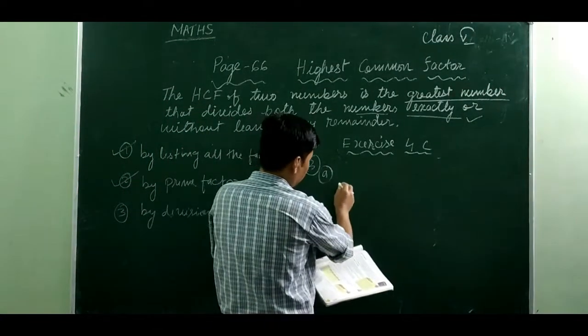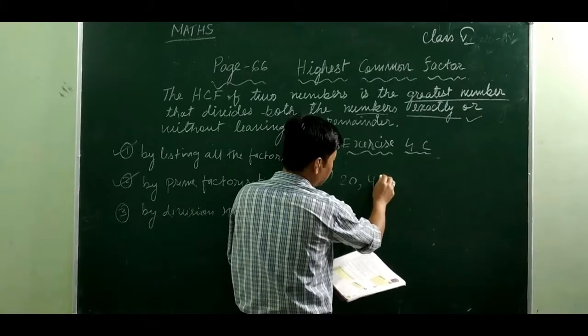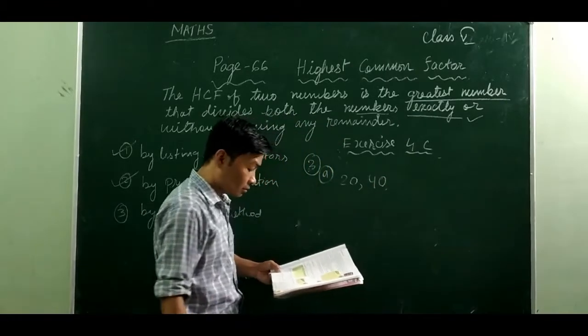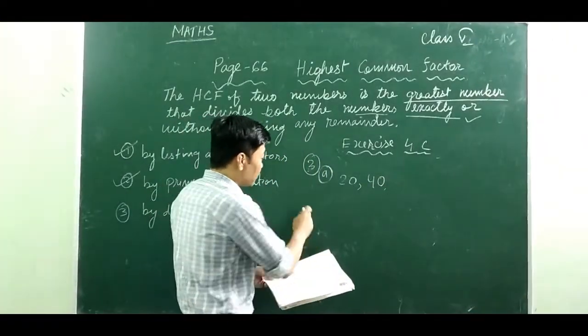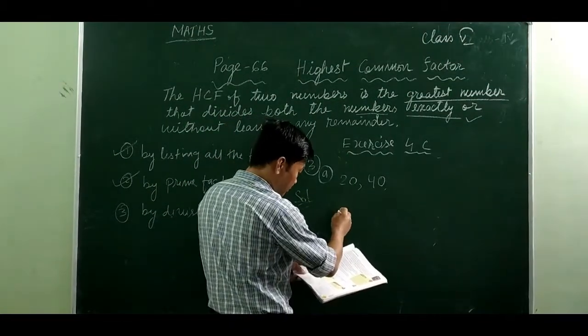Now, 20 and 40 are the two given numbers. And the factors of 20 are already given in the question.